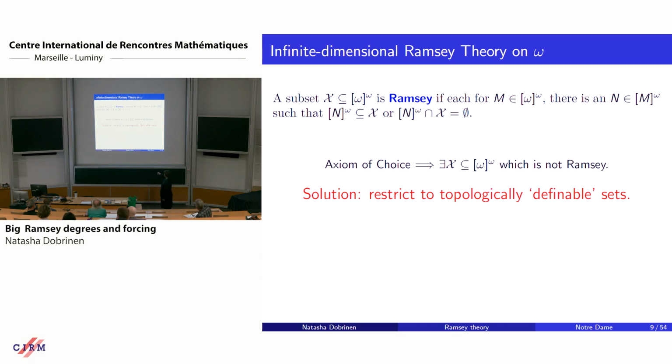So an idea that's attributed to Dana Scott in the Galvin-Prikry paper is that you should try to restrict yourself to some definable sets, okay?